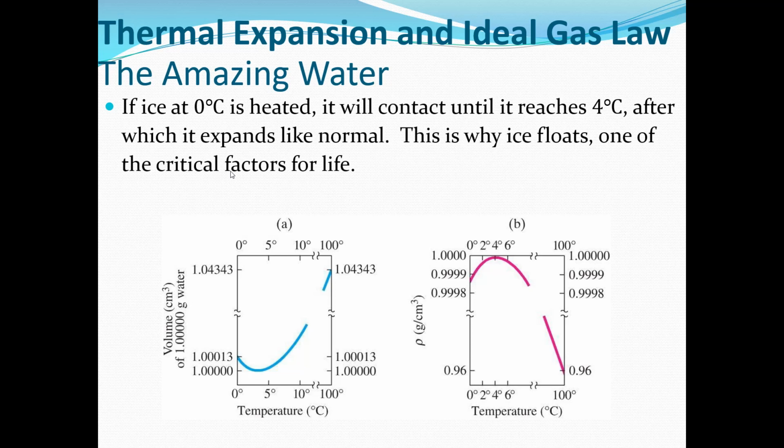Now, one of the other things about water that you may not know is that it has a very high specific heat, which means that water doesn't like to change its temperature too easily. It requires a lot of energy for it to change its temperature from one point to another.